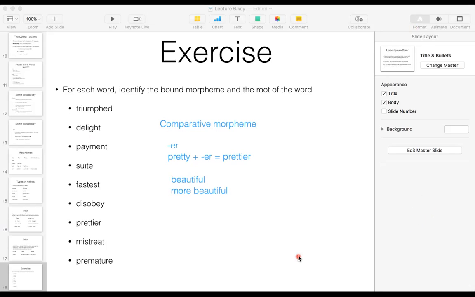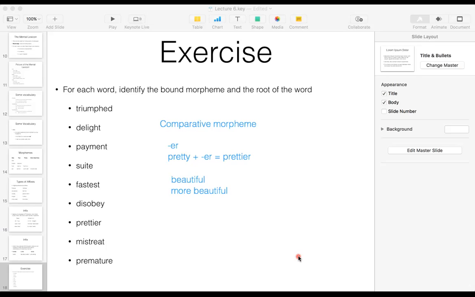But as I think about it, delight in itself is one word with a meaning very separate from the word light. Right. So does that still mean we've got a root and a bound morpheme?